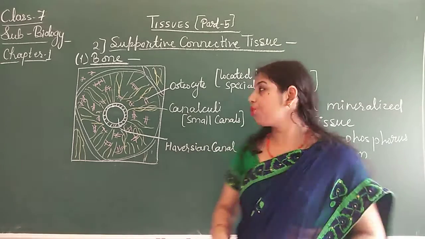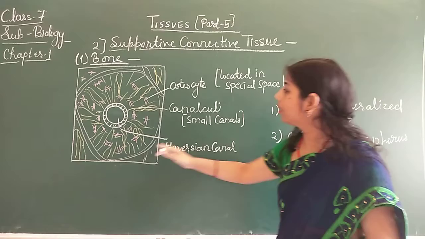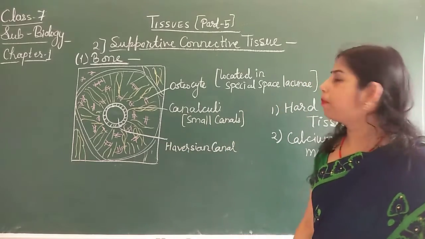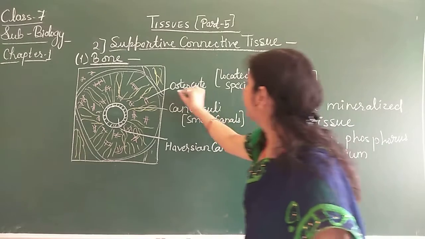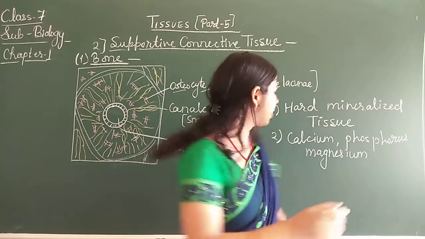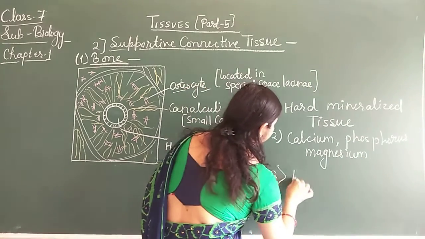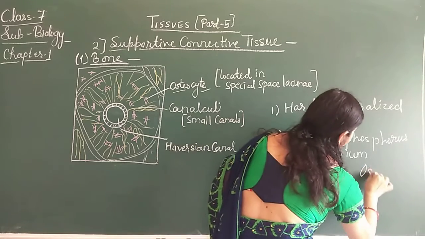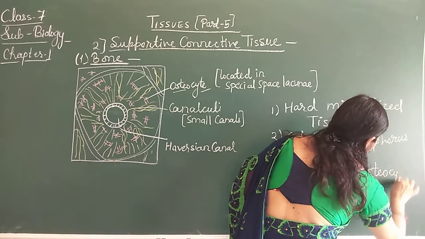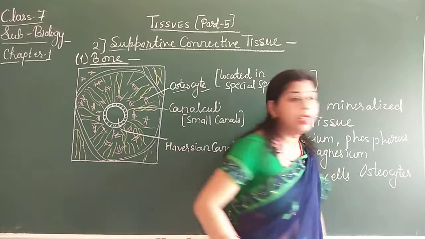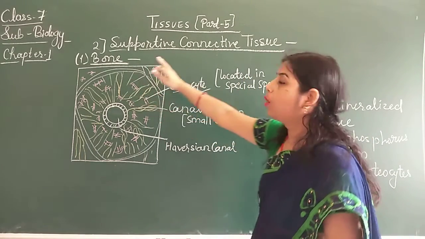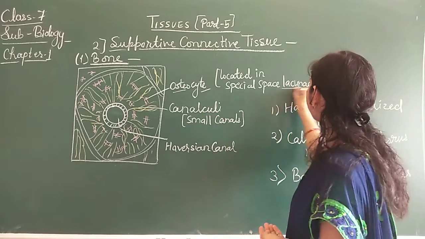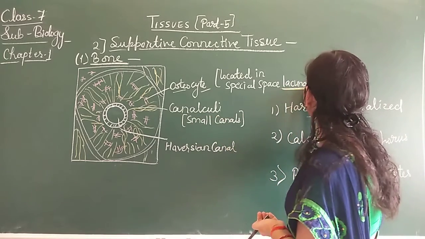Now let's see the structure of the bone. Here I have drawn the structure of bone. The bone is made up of special types of cells known as osteocytes. These bone cells are located in special spaces known as the lacunae.